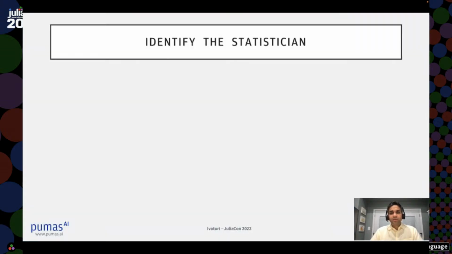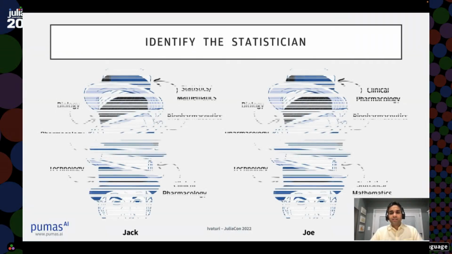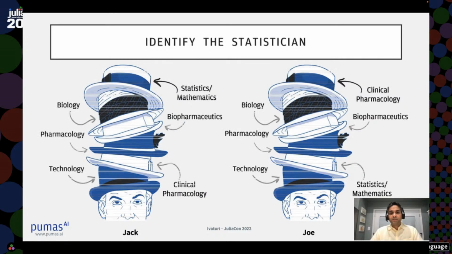Could I ask you to identify the statistician in this? On the left is Jack, and on the right is Joe. Jack is a trained clinical pharmacologist, somebody like me, who had the opportunity to learn and train more in statistics and use those statistics in his day-to-day work.